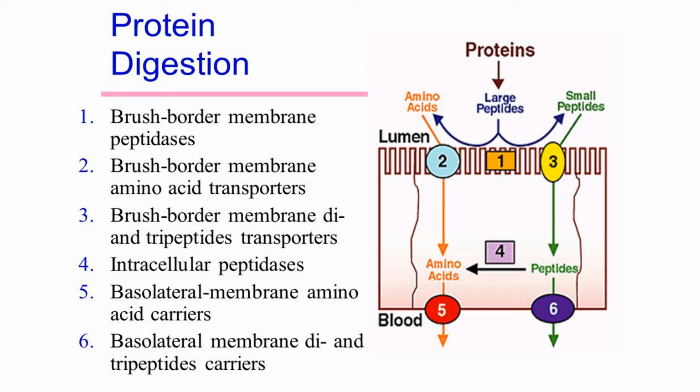Those are going to be broken up into individual amino acids and also very small peptides. And by small peptides, I mean di or tripeptides. So peptides that consist of only 2 or 3 amino acids. There are enzymes within the brush border that accomplish this by breaking peptides in the middle, so breaking internal peptide bonds, and there are some that will just pull amino acids off the end of a peptide.